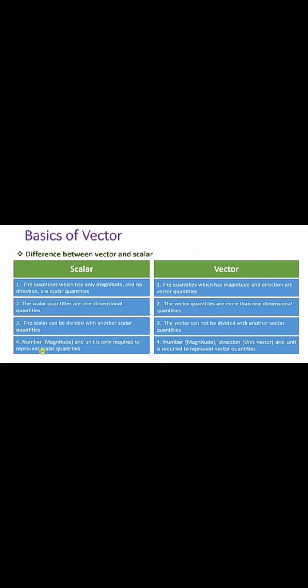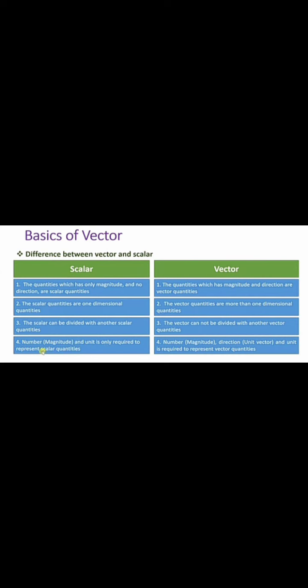Okay, so these are the major basic things in electromagnetic fields. These are all the points regarding scalar quantities and vector quantities, and how you can represent them. All these quantities will be very useful for the calculation part of the electric field as well as the magnetic field.